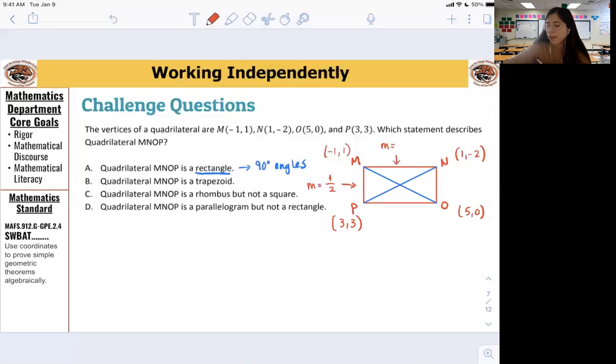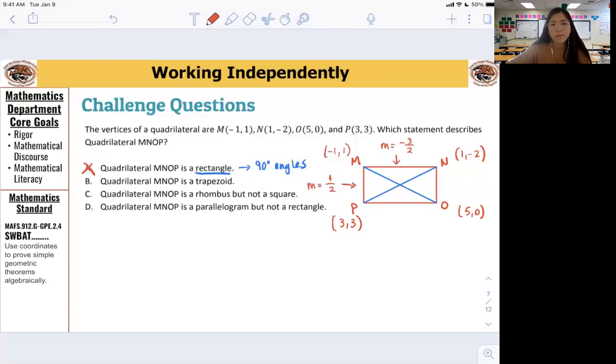What did we get for MN? -3 over 2. Good. So we already know that MN is not perpendicular to MP. So it's definitely not a rectangle.